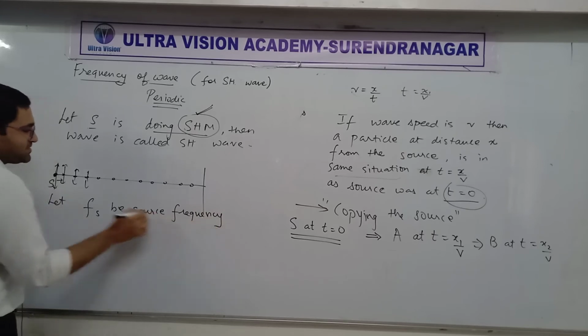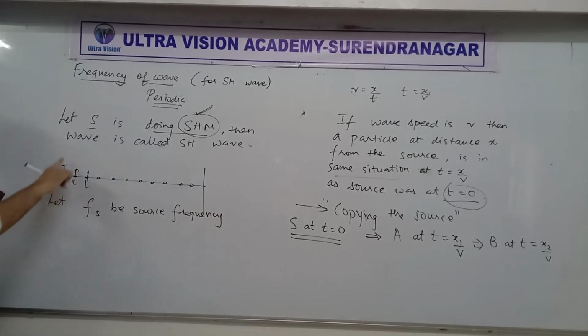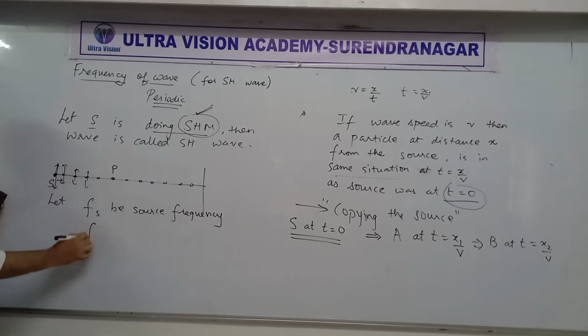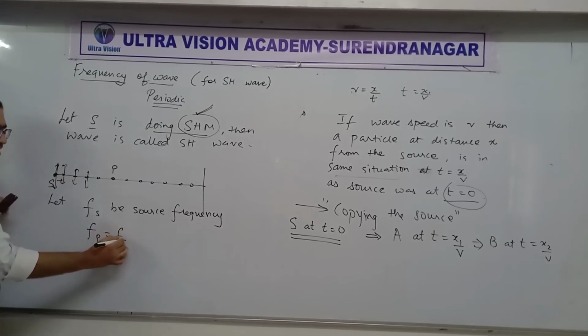It is the frequency with which the source is oscillating. Right? Then, suppose here is a point P, anyway, at some distance. Then do you realize that because P will try to copy the source, its frequency will also be equal to Fs. Yes or no?